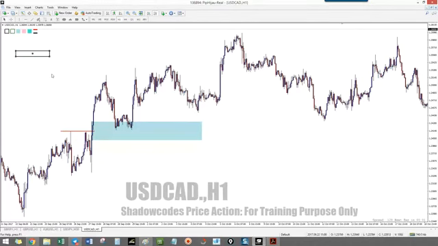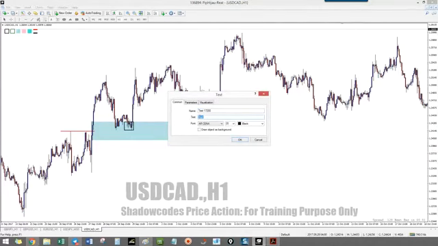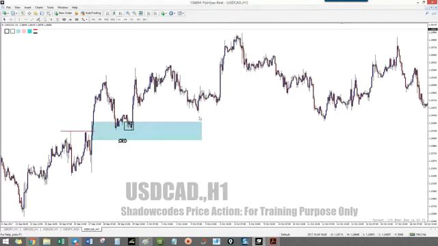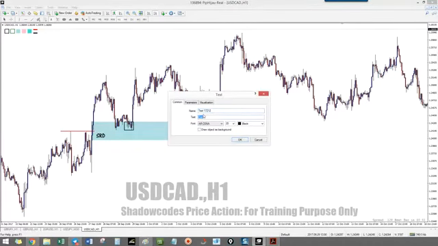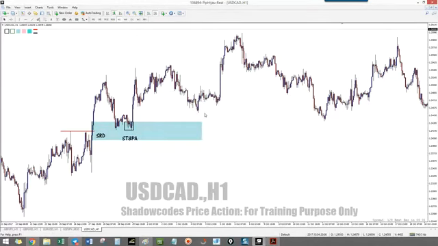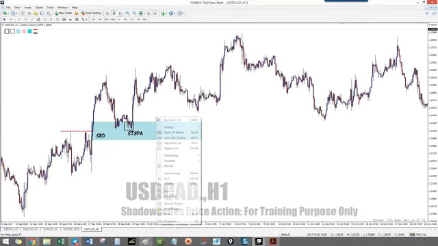This is the Shadowcode Type 3. SRD. ST3PA. Save this.